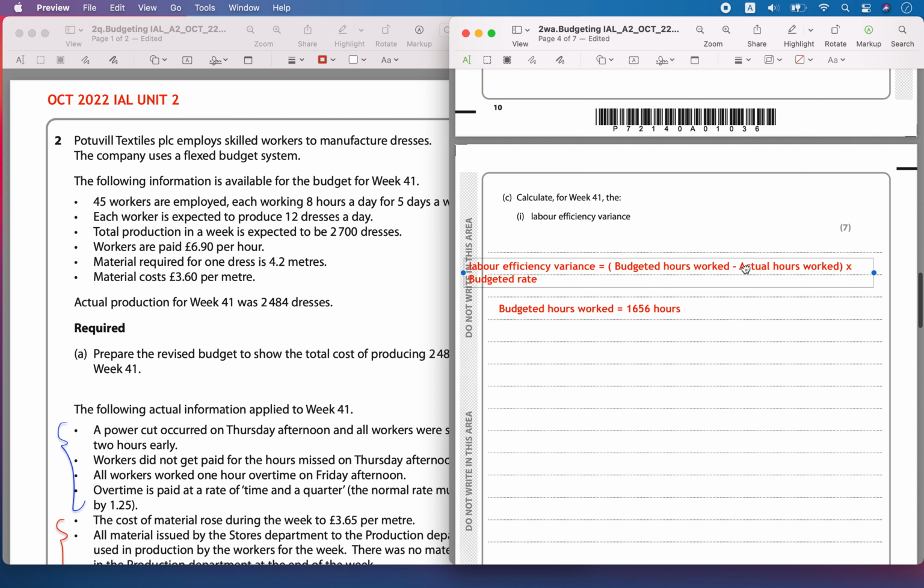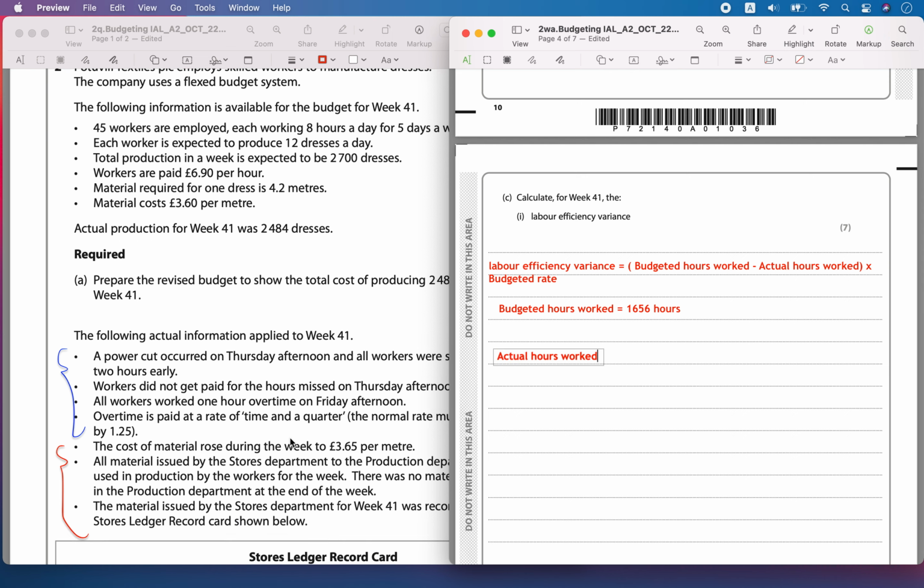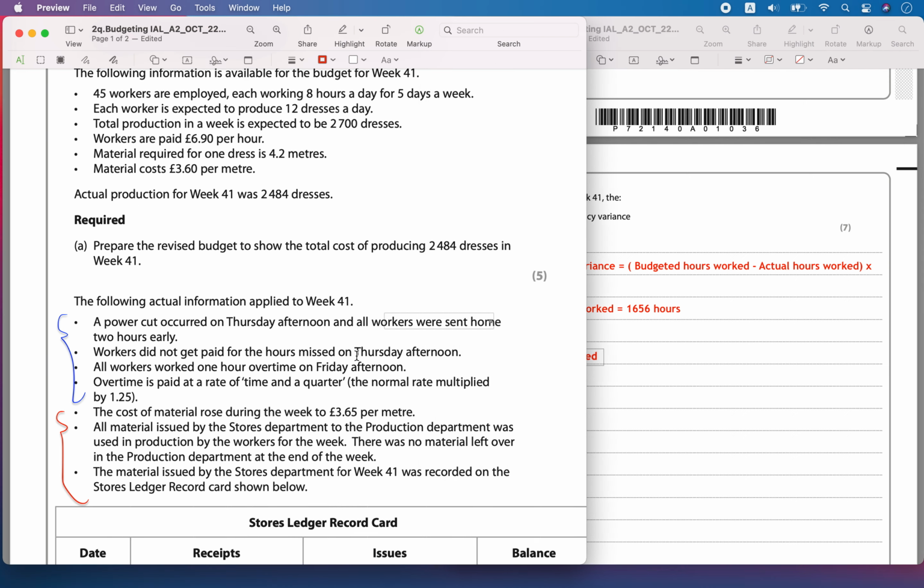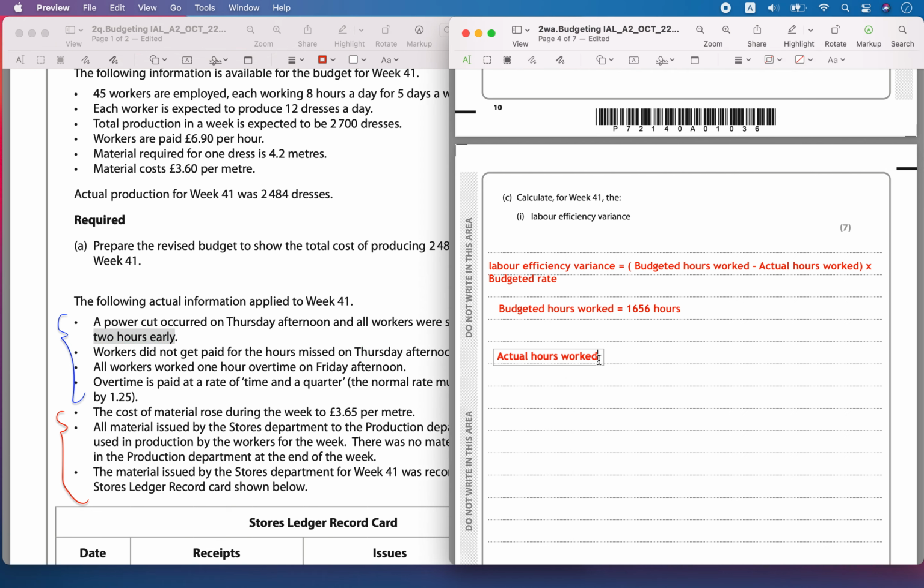Now let's calculate what were the actual hours they have worked. Based on the information given here, they worked on all the days except on Thursday afternoon, when for 2 hours they didn't work.